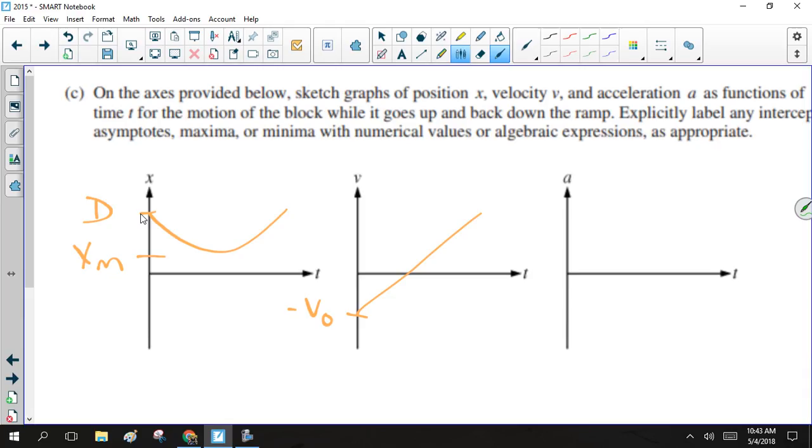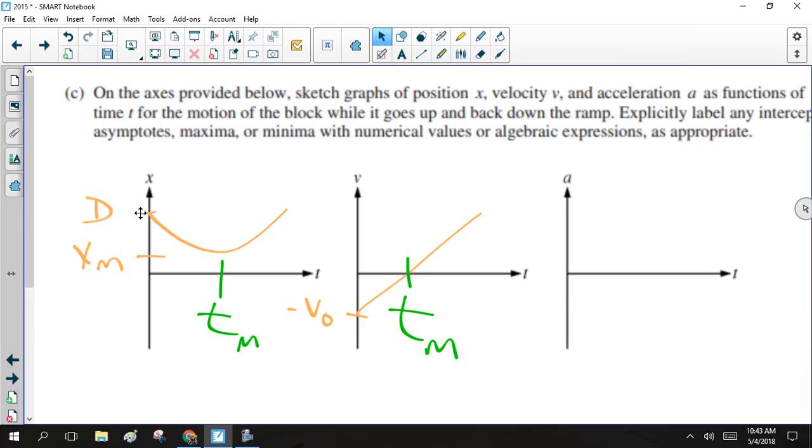Theoretically, this time should correspond to this time. I would make a note of that, and call this T min. Cool? And what's my acceleration graph going to look like? A horizontal line at g sine theta, positive. Cool? Alrighty.